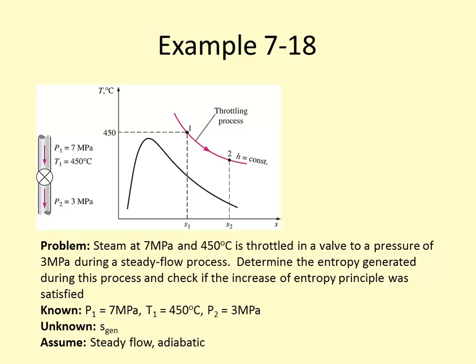So the entropy generated during this process is 0.36925 kilojoules per kilogram Kelvin. Okay, so this is on a unit mass basis. For every unit mass that comes into the system and leaves the system, this is how much entropy is generated during that process, just by it flowing through the system and changing the property values.